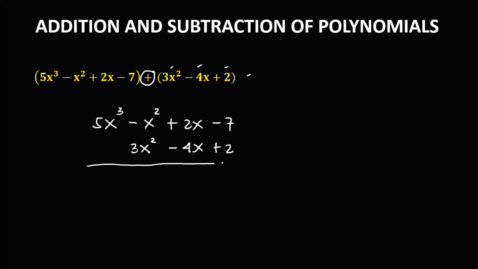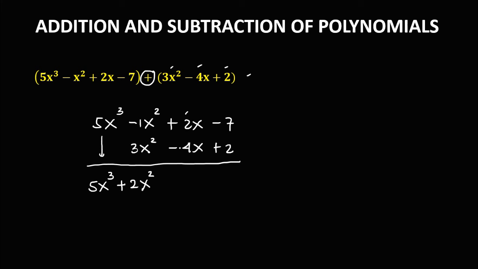Then simplify, so just bring down this 5x to the power 3. Then this negative 1x squared plus 3x squared, since 3 is greater than 1, this one is positive. Then 3 minus 1, that's 2. Then bring down x squared.